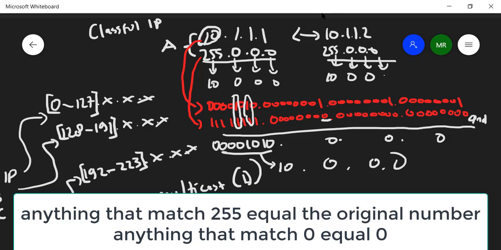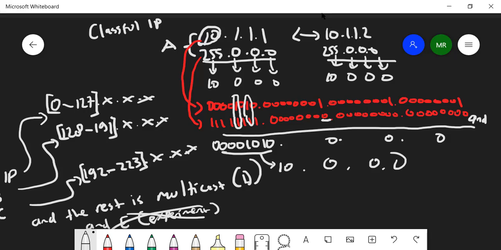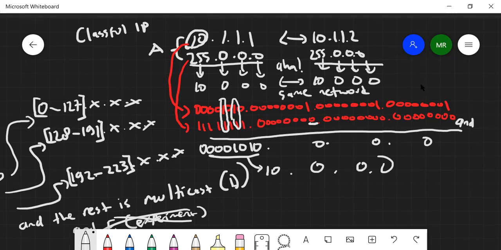And anything that matches 0 becomes 0. That's it. Just like the destination. Now, each PC concludes that they reside in the same network, with the help of the subnet mask, of course. And that was the basic function of the subnet mask.